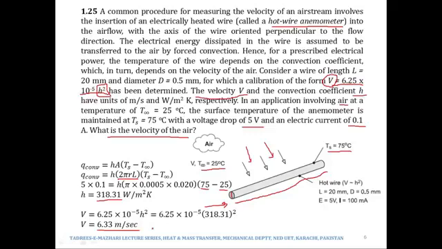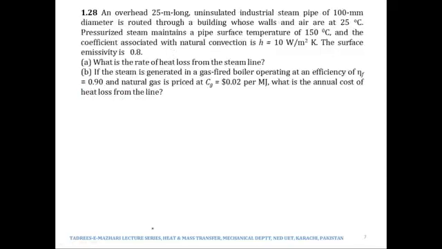This is calculated, or rather this is based upon heat transfer principles. Let's take one more problem, which is 1-28. It says that an overhead 25 meter long uninsulated industrial steam pipe of 100 millimeter diameter is routed through a building whose walls and air are at 25 degrees Celsius.